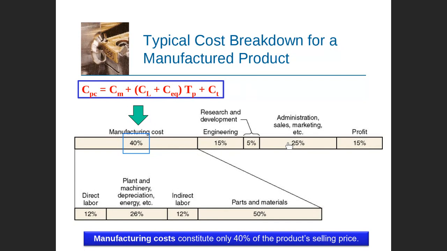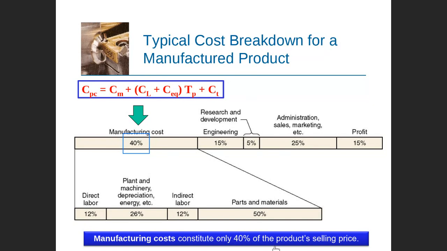Any question? Is it clear? Yes, it's clear. Right. So now we would like to modify, or we have to modify, the cost equation to include these other additional costs.